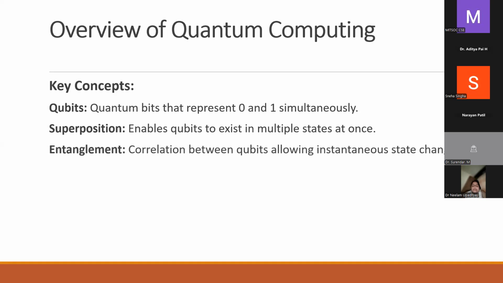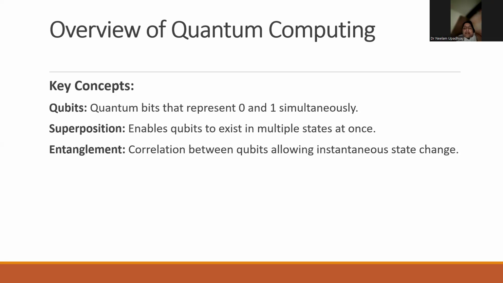Then the third key element is entanglement. It's the correlation between qubits allowing instantaneous state change. What exactly does this mean? A quantum phenomenon where qubits become correlated such that the state of one qubit is dependent on the state of another qubit.